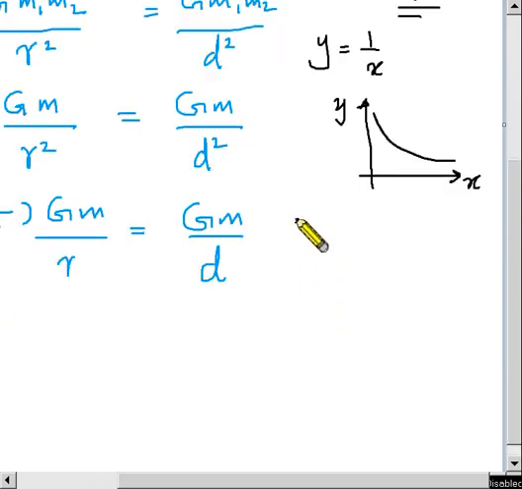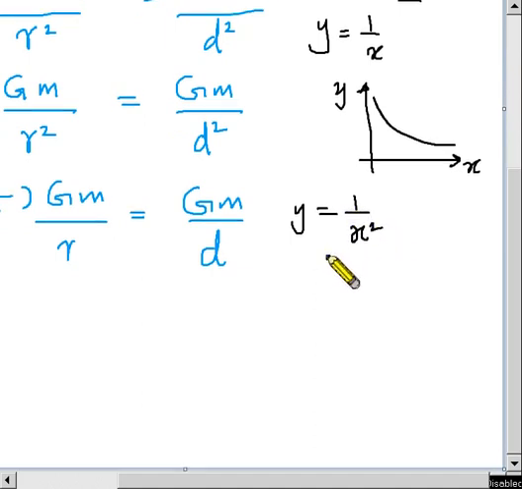Then we learn y equals 1 over x squared. That graph is like this. At the beginning it has a steep decrease like this, it goes like this.